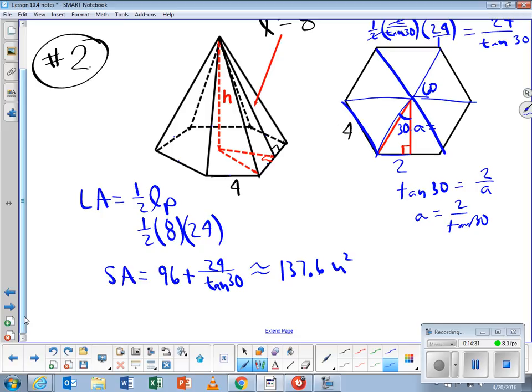Now, one last thing I want to mention. They might ask you for slant height. They might ask you for height of a pyramid. When they're asking you those things, what you need to do is realize that you might be looking at a right triangle. Or this right triangle.